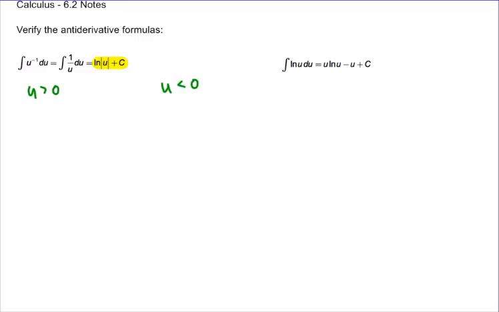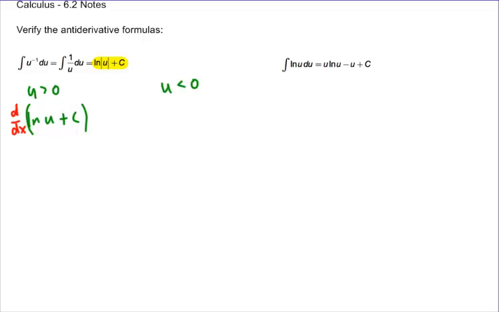Let's just take the derivative. Let's look at this as natural log of u, and when you take the derivative of that, you're going to have d dx of natural log of u plus c.